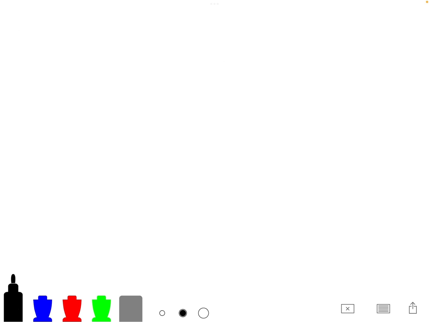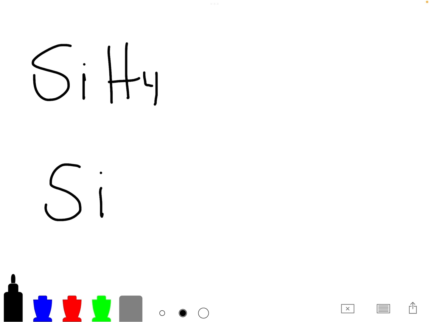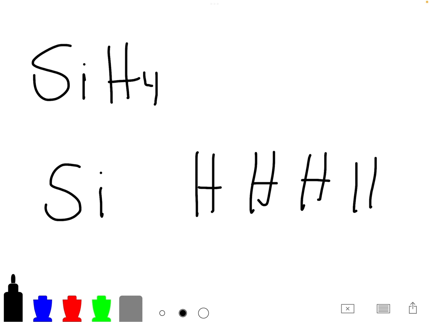Now the next one is SiH4. So the dot notation will look like this. So there's a silicon and 4 hydrogens, all of which have 1 electron, and silicon will have 4.